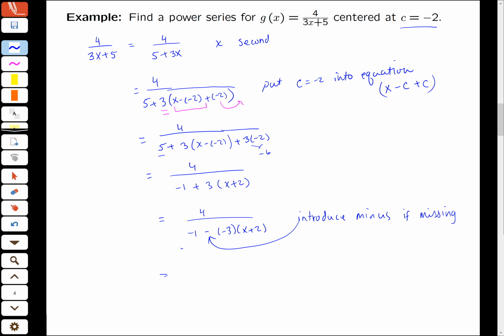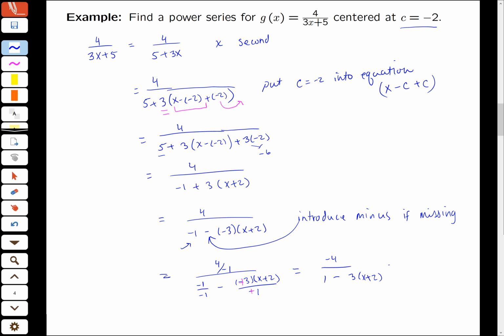And now I have to divide to make that be equal to 1. So what should we divide by? Negative 1. Simplify that. I get a negative 4 over 1 minus those two negative signs right there are going to cancel and give me a plus. And I get 3 times x plus 2 with that minus still there.